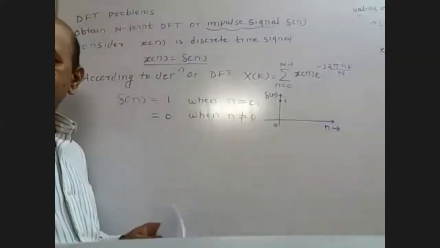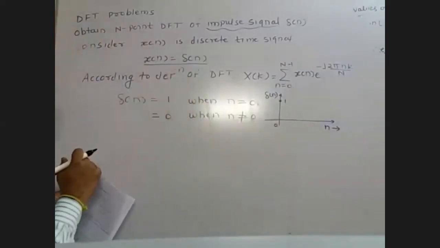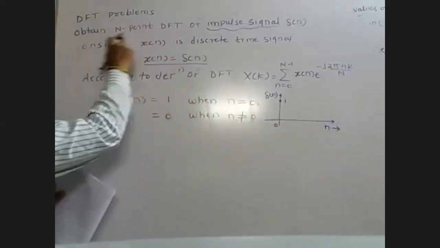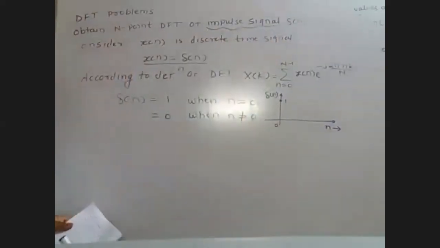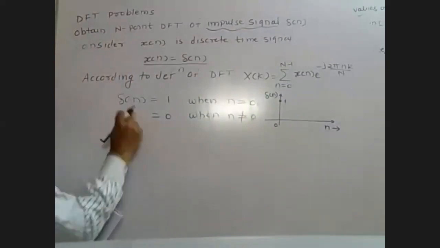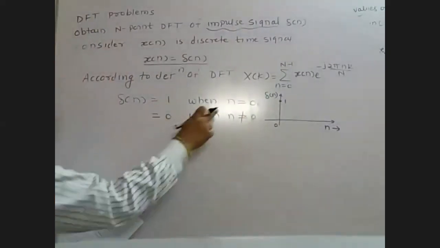Now, as per the definition, we are proving the problem. Here we have to obtain the N-point DFT of the impulse signal del of n. Now we say del of n is equal to 1 only when n is 0.